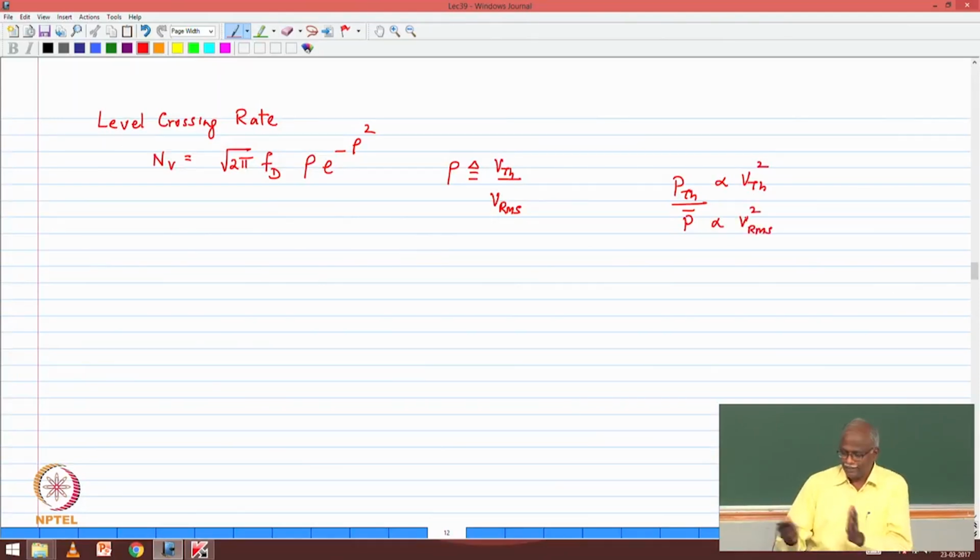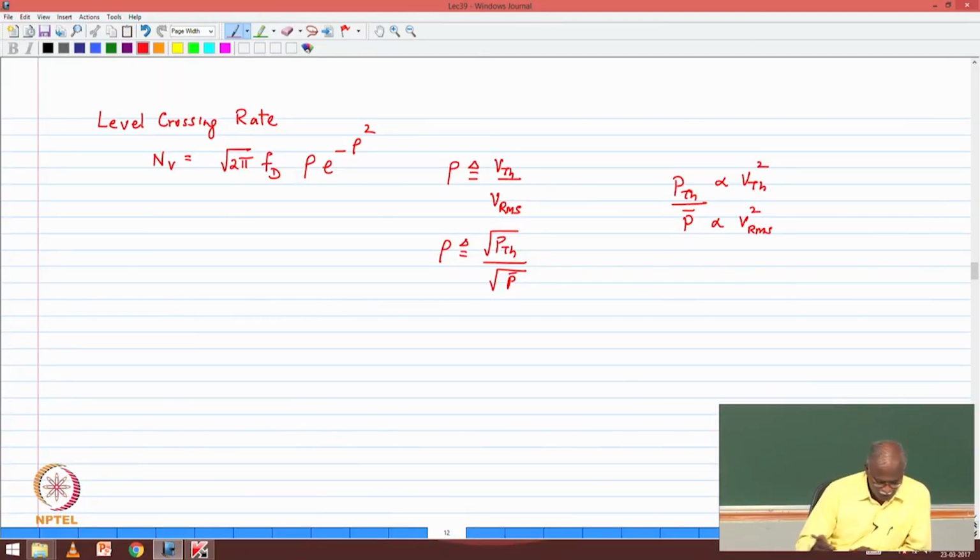So please make sure that if you are given values in terms of powers, you can still translate them into the correct value of rho. In that case, rho becomes the square root of the threshold power level divided by the square root of P bar, and you should be able to get the value of rho.